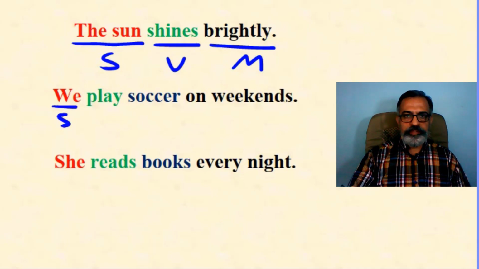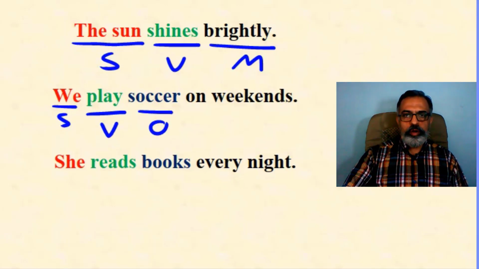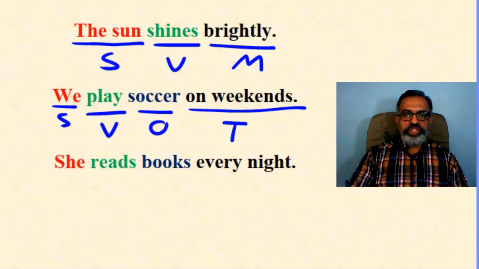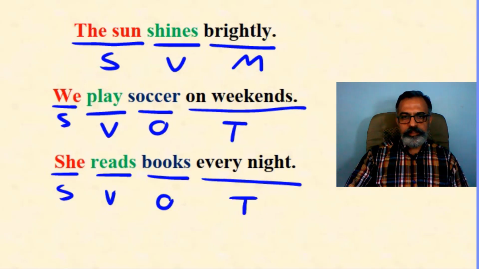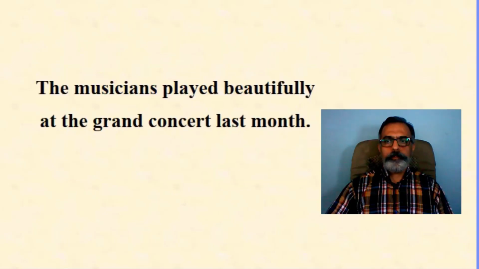We, subject, play, main verb, soccer, object, on weekends, time. She reads books every night. She, subject, reads, verb, books, object, every night, again, is time.